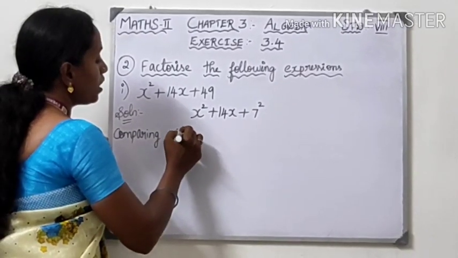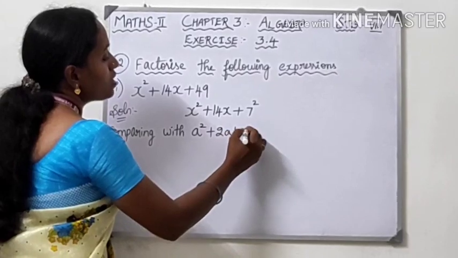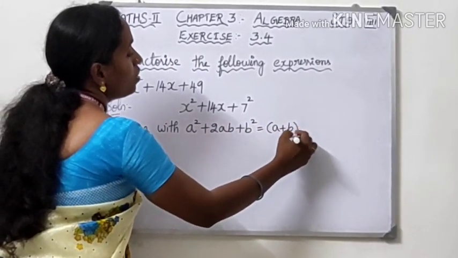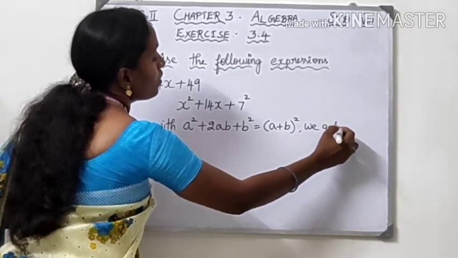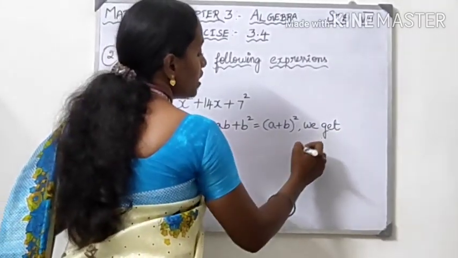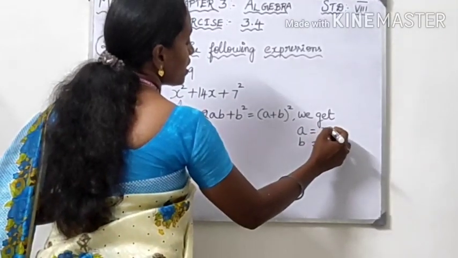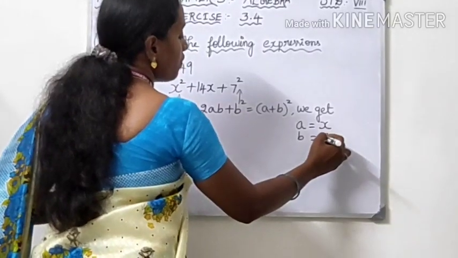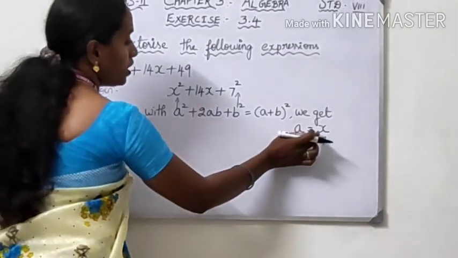Now we compare with a square plus 2ab plus b square, which is equal to a plus b the whole square. So from this comparison we will come to know the value of a and b. So the value of a is x. What is the value of b compared to the last term? So it is 7.